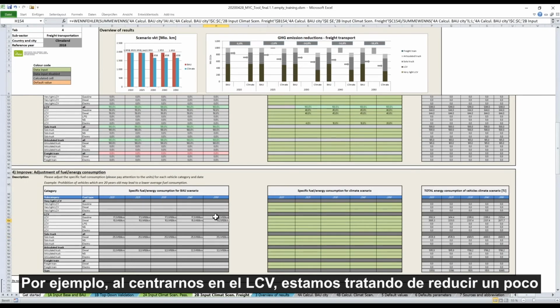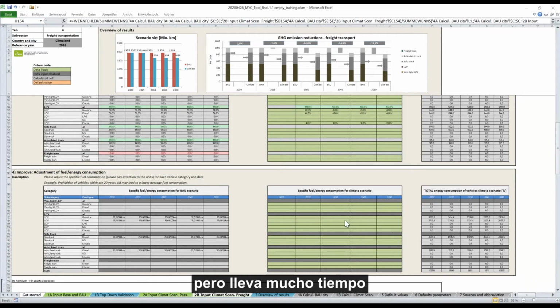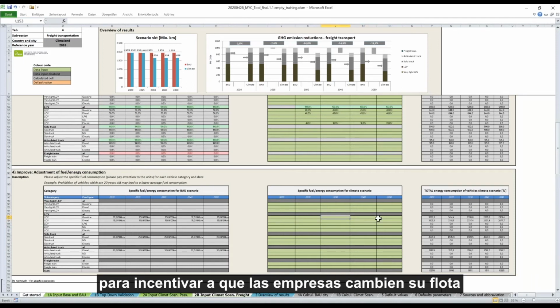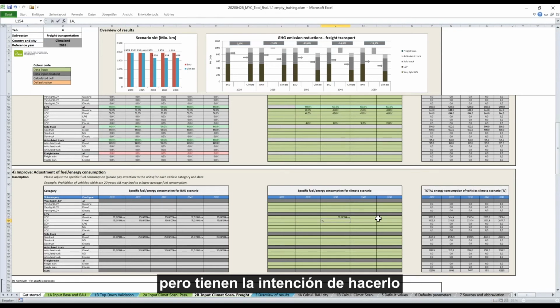As an example, as we focus on LCV, we are trying maybe to reduce a bit, but we see it takes a lot of time. So we just start in 2030 to have a result of our measures, to maybe help companies to change their fleet, or maybe just because they can't invest for the moment, but they are planning to do it.